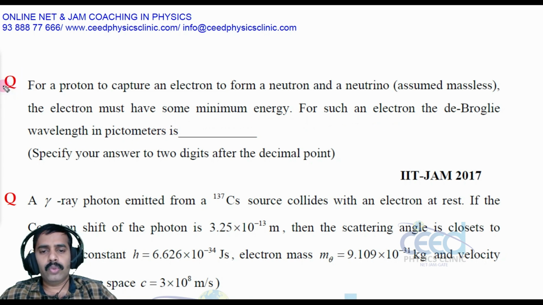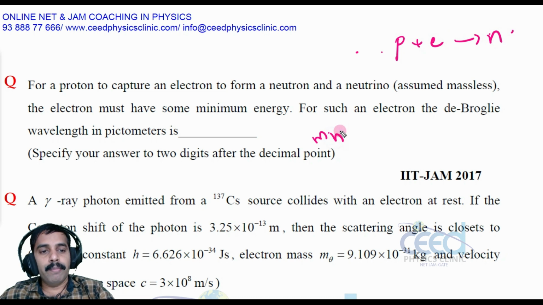This you can do by conservation of energy. The proton mass is mp, and proton plus electron gives neutron.